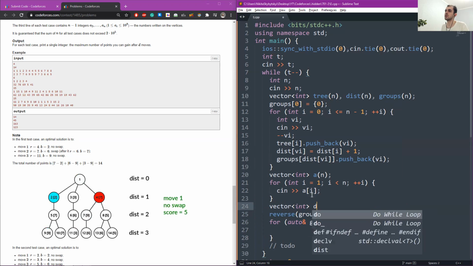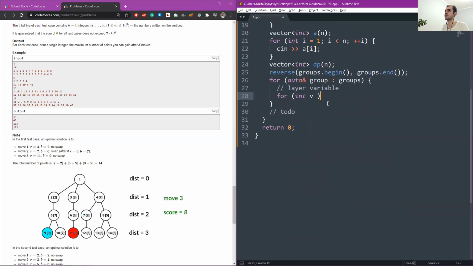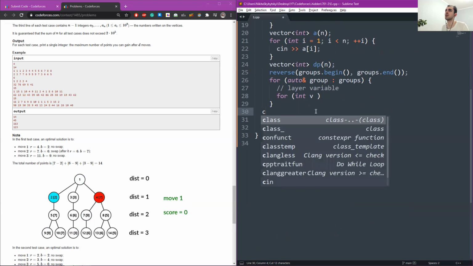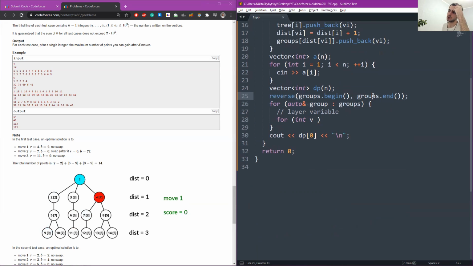That's hard. Yeah, you need some sort of layer variable. But then this part is going to be easy. Just dp at 0. Actually, this part is questionable. Very questionable.